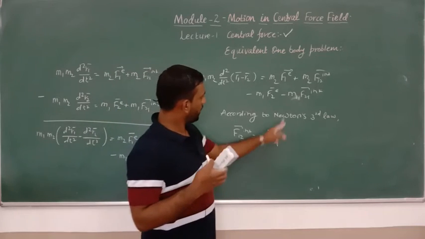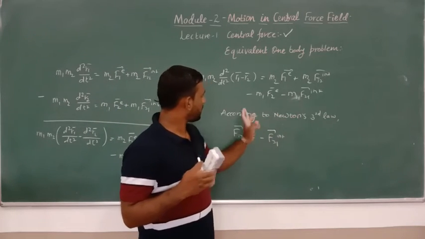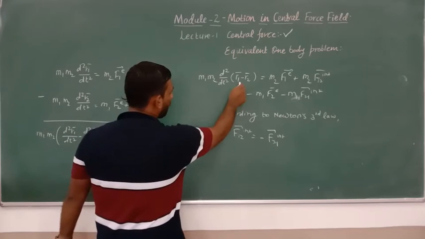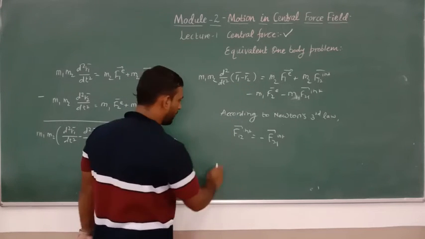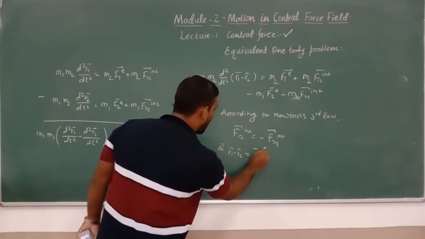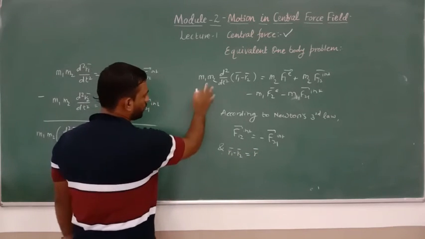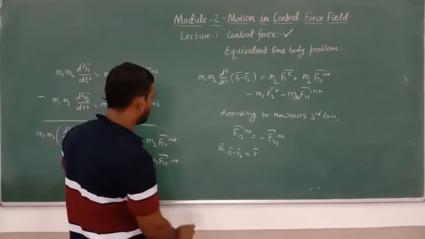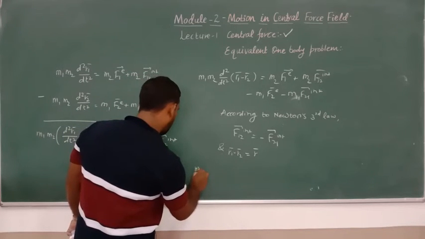So instead of f21, I just write minus f12 and rewrite this equation. By the way, what is r1 bar minus r2 bar? It is equal to r bar.